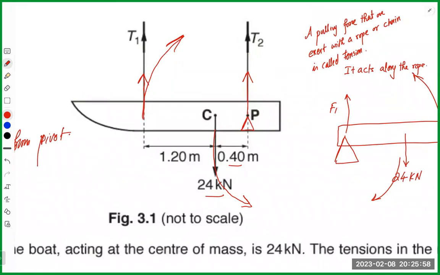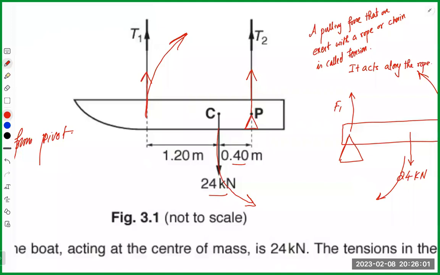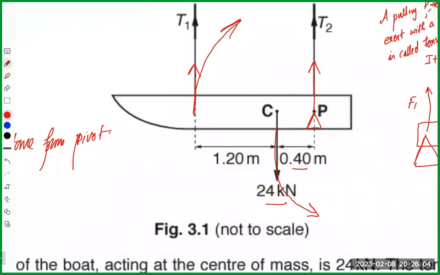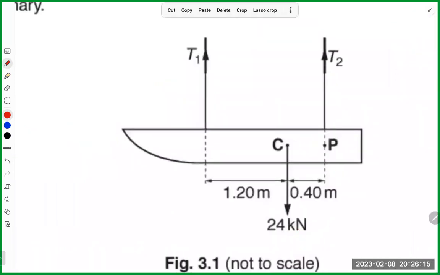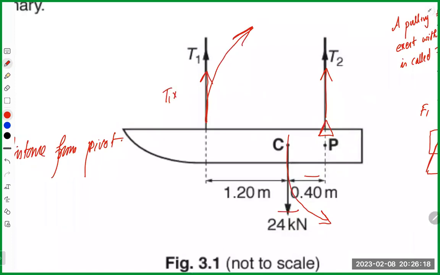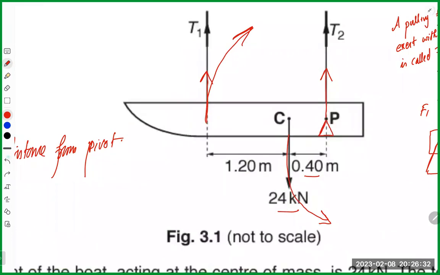That will be T1, I'm considering the force as T1, multiplied by, how far is T1 from pivot P? 1.6 meters. So it will be T1 multiplied by 1.6. Yes. So that will be the clockwise turning effect T1 is producing about the pivot.